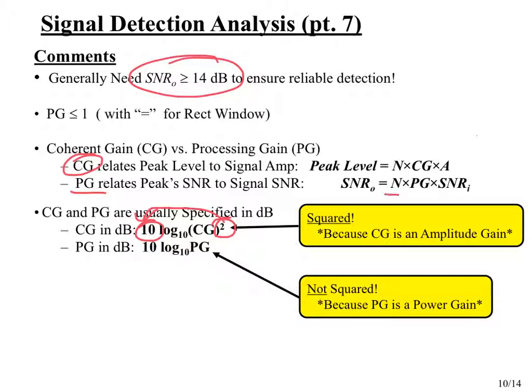So now N is operating as a power gain, whereas before it was operating as an amplitude gain. So here we do 10 log 10 of N plus 10 log 10 of processing gain plus 10 log 10 of the input SNR. Make sure you keep that straight. Probably one of the most common errors that people make.